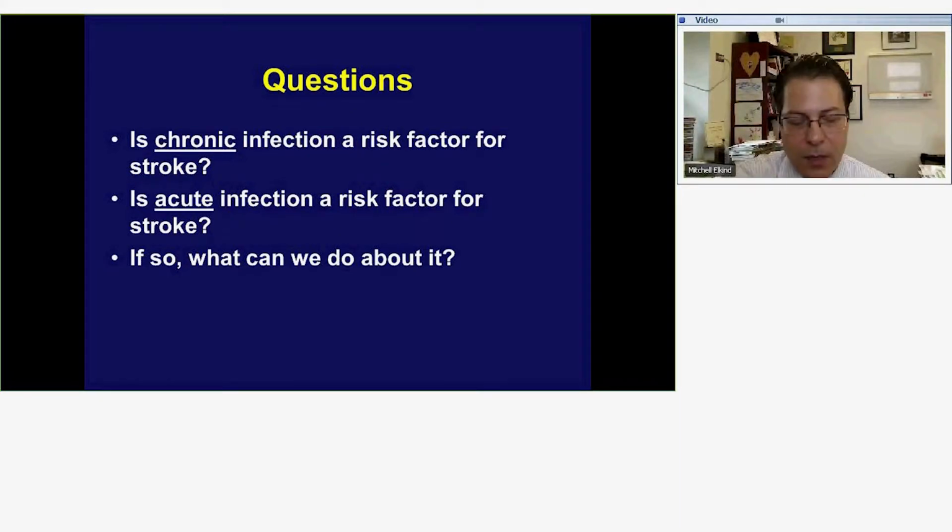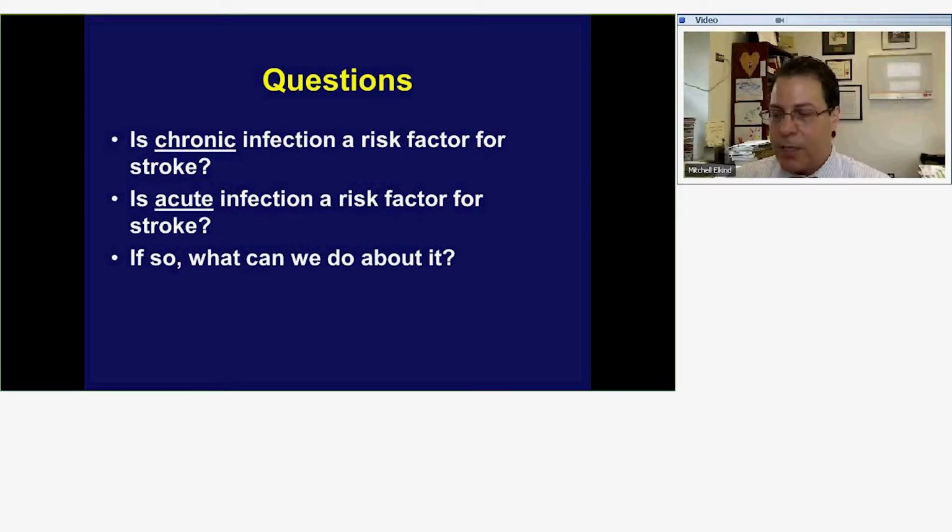And there's been a growing interest in infection occurring after a stroke and its effect on outcomes. And there have been some randomized trials to try to prevent infections after stroke, just empiric treatment with antibiotics. That is not something that I'm going to talk about today, although I do think it's a really interesting topic, and perhaps during the discussion at the end, we can discuss that if people would like to.